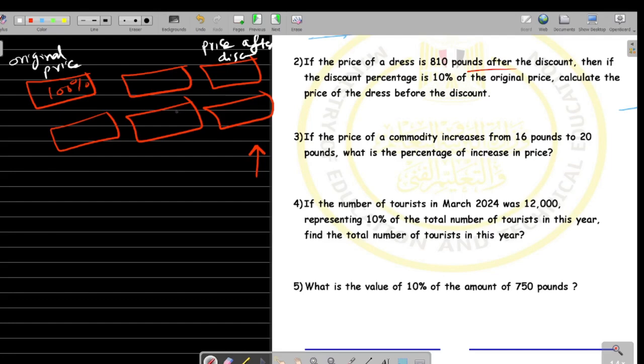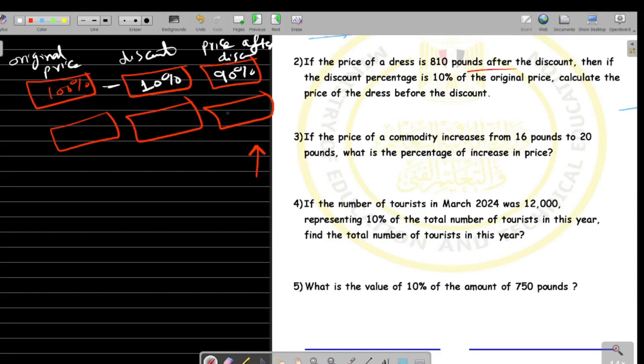The discount percentage is 10%. So the discount here is 10%, but they will pay 90%. Why? Subtract 100 minus 10 and you get 90%. So what did they pay?